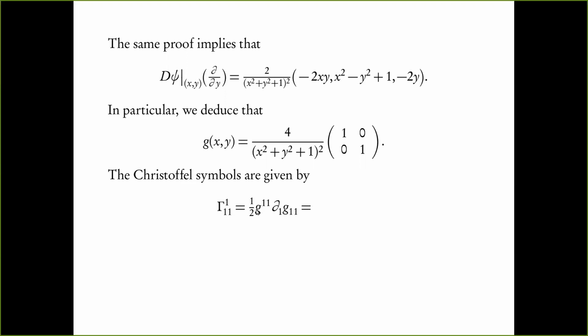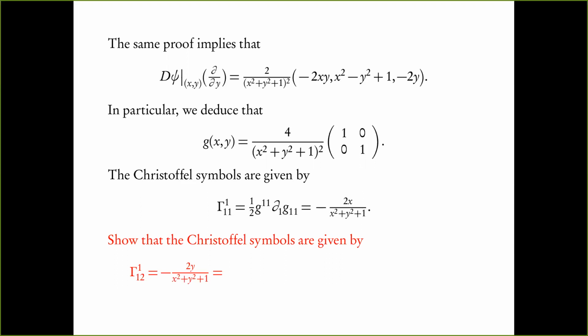Similarly, this is the inverse matrix of G, and the 1 1 means it's the 1 1 entry of G inverse. Since G is diagonal, G inverse is also diagonal, which means G upper 1 2 is 0. Anyway, this is something you can calculate, and I calculated one of them for you, but I'll leave it to you as an exercise to check that this is what you get.